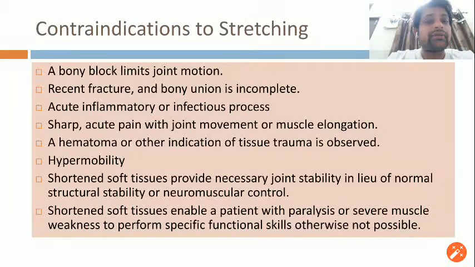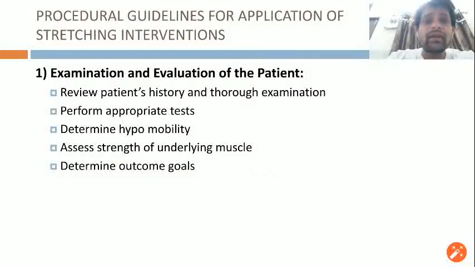And the last one is when shortened soft tissues enable a patient with paralysis or severe muscle weakness to perform specific functional skills otherwise not possible.